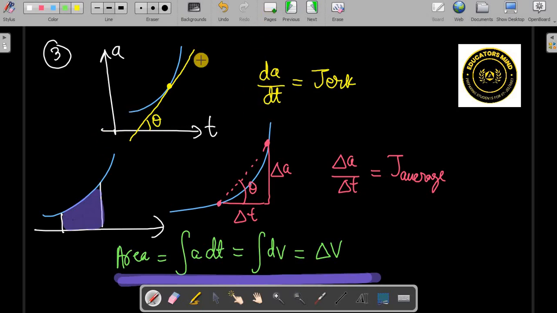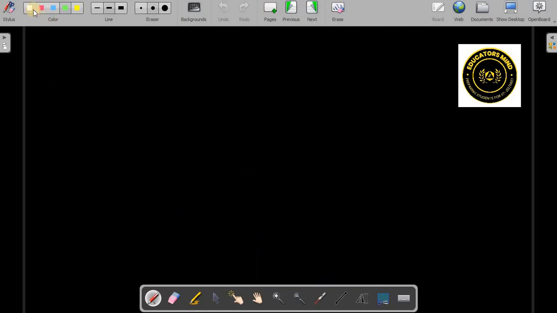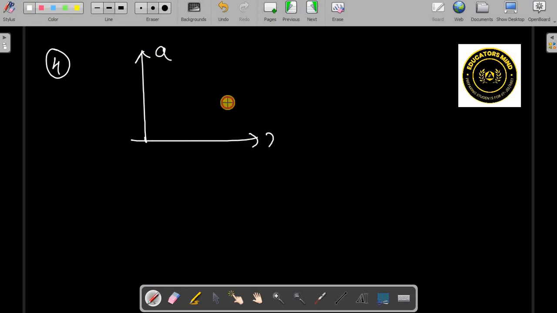Okay. Then there can be another type of graph also. Let us take fourth. Suppose this is the AX graph, acceleration position graph. What does this give? Okay, so acceleration is written as dV by dt, right?